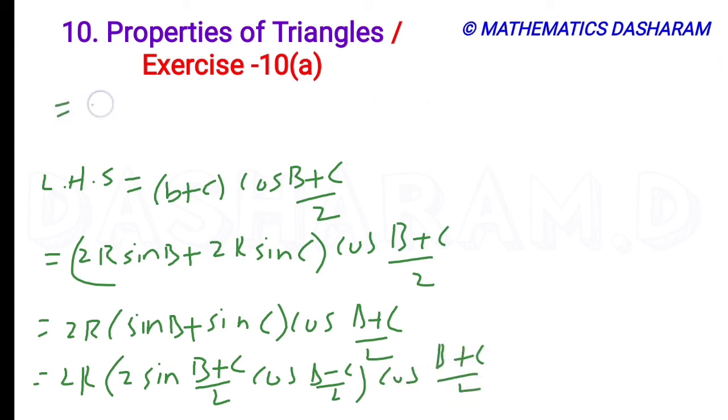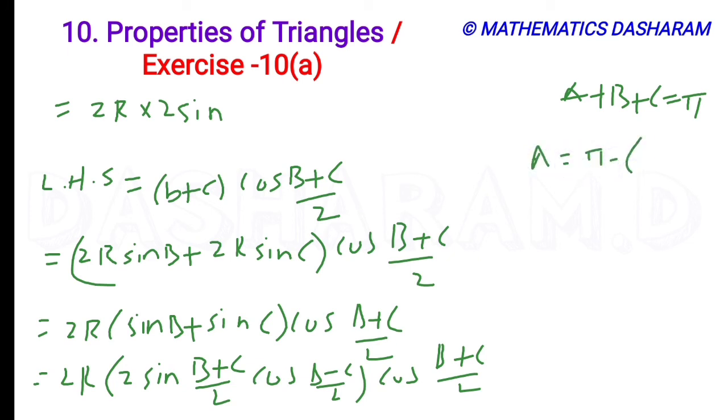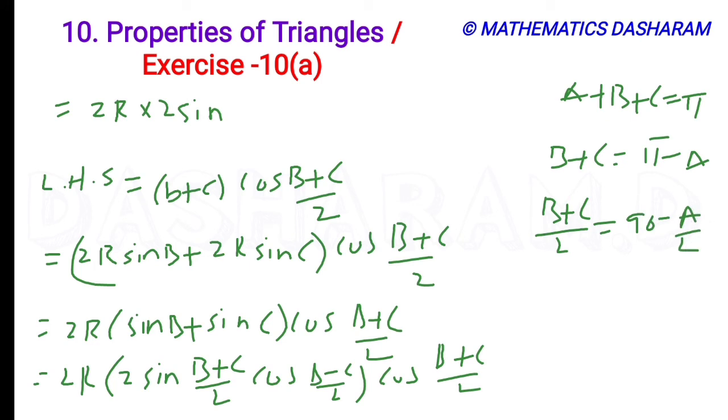So it is equal to 2r into 2 sin, here the angle sum property is a plus b plus c equals pi. From this, b plus c equals pi minus a. Then (b plus c)/2 equals 90 minus a/2. So substitute this value at two places, here and here.